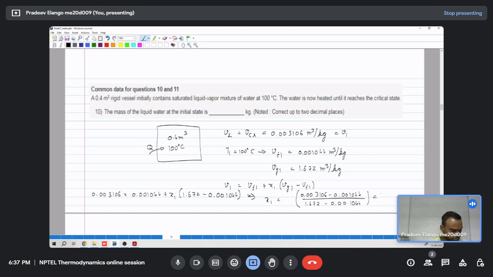So this is 1.234 into 10 power minus 3, the dryness fraction. It doesn't have a unit. Now we have to calculate the mass of the liquid water at the initial state.